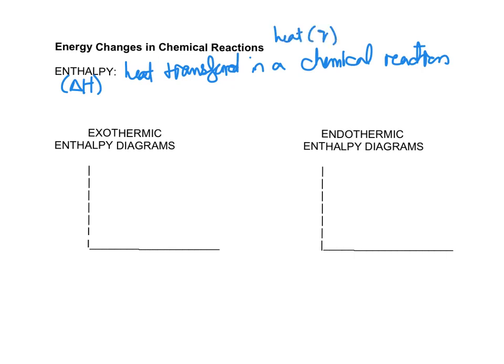And again, heat and enthalpy are kind of the same thing. It's just that typically we use enthalpy for chemical reactions, whereas heat is for other processes that involve heat transfer.